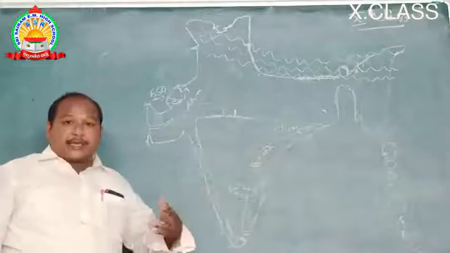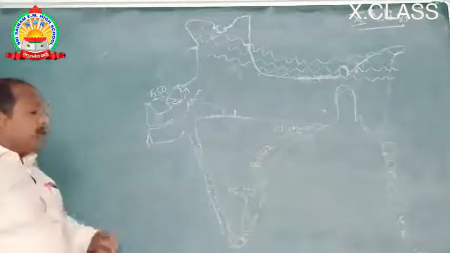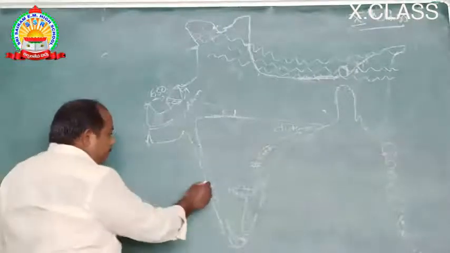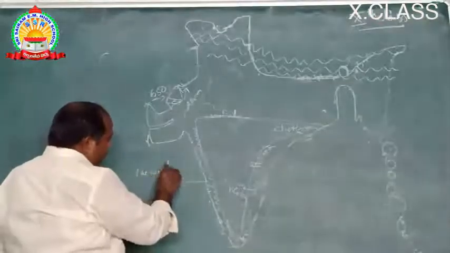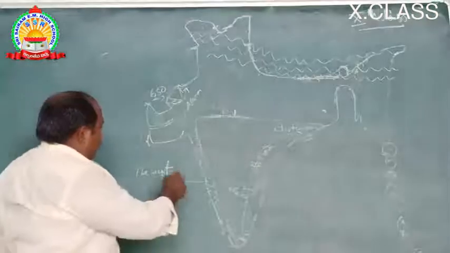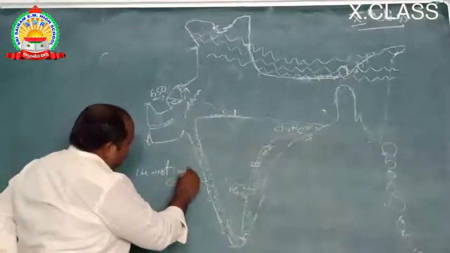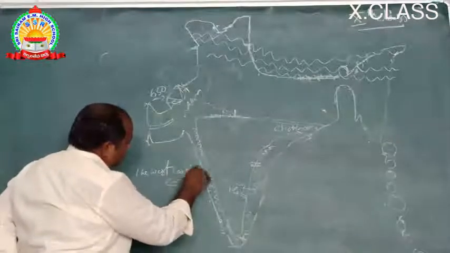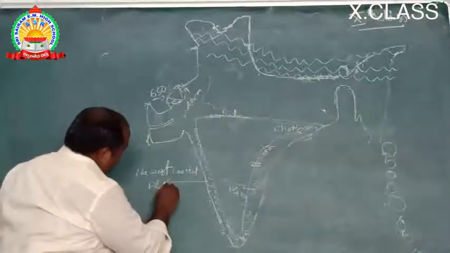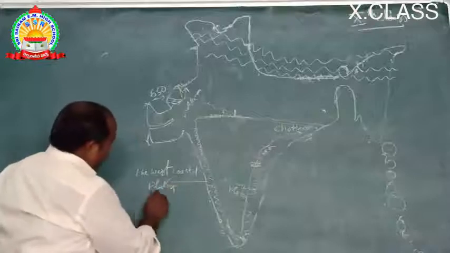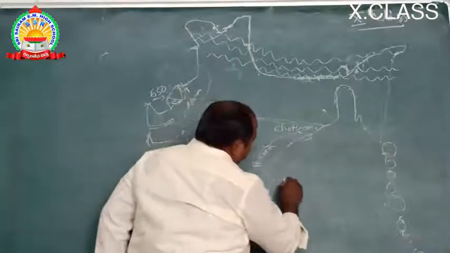Next, we will discuss the coastal plains: the west coastal plain and the east coastal plain. The west coastal plain is also known as the Arabian Sea plain.